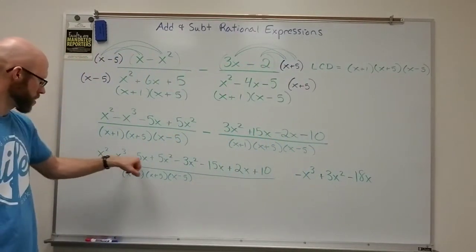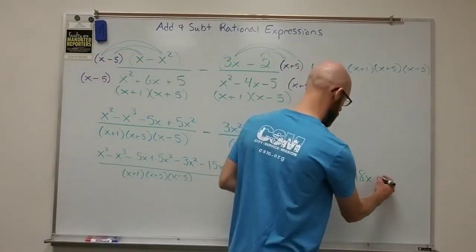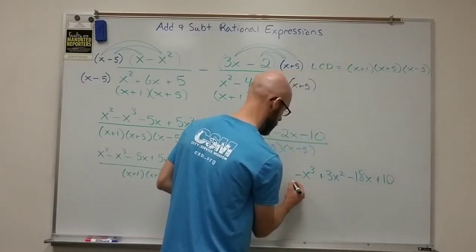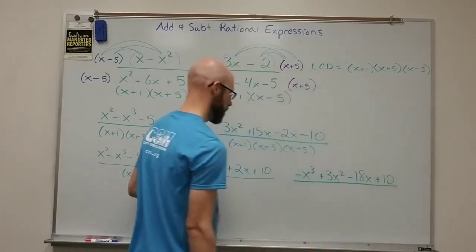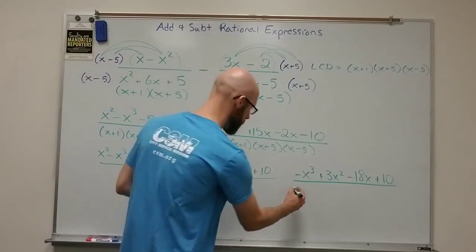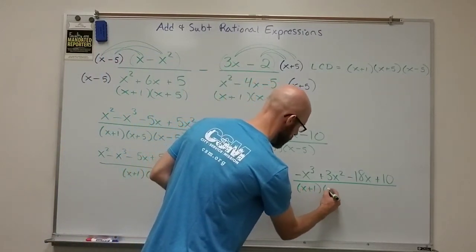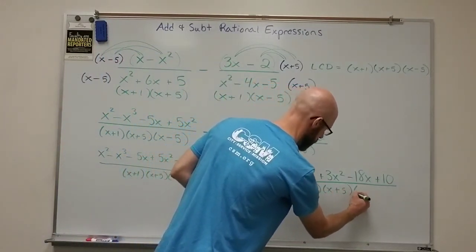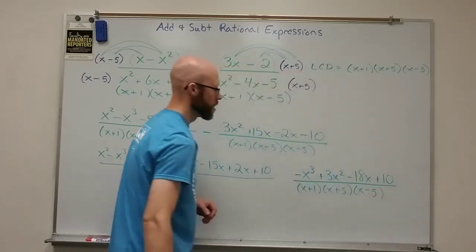And then the constants, I just see this 10 on the end. And then on the bottom, I have my LCD. x plus 1, x plus 5, x minus 5.